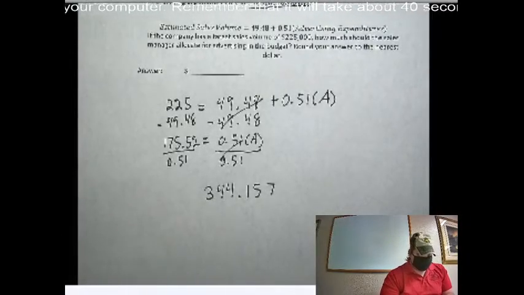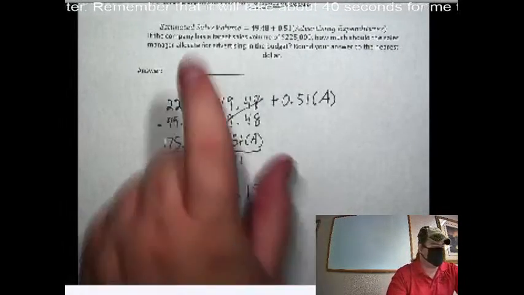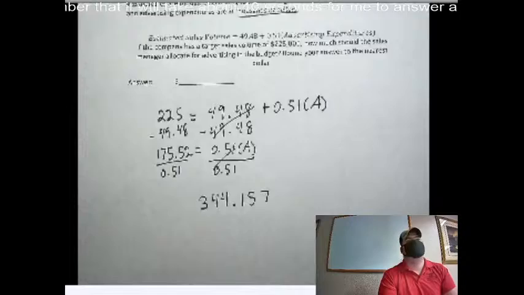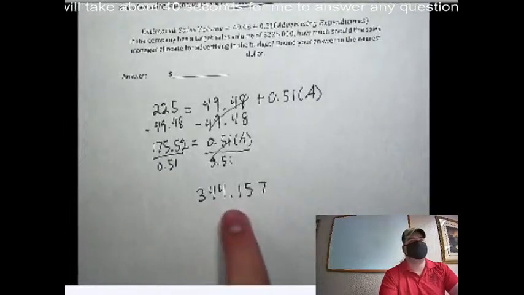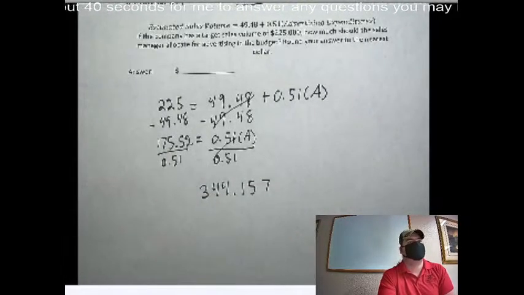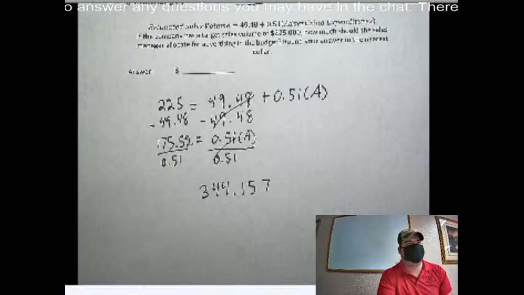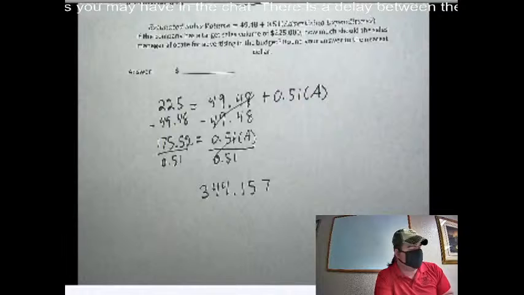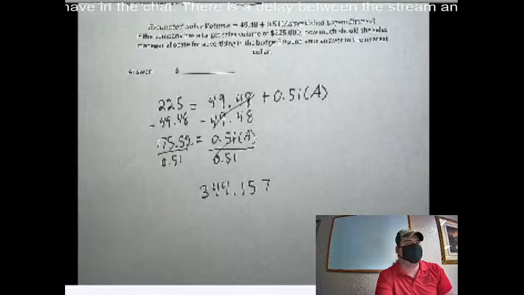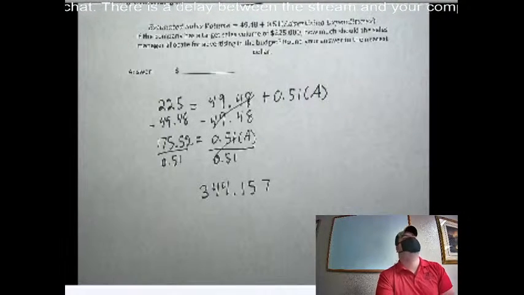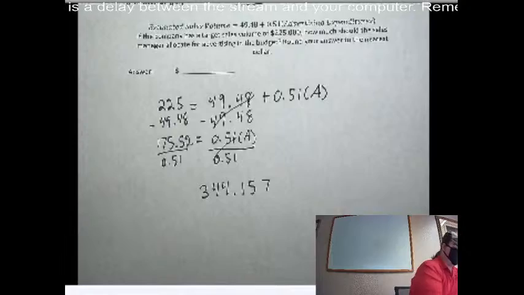Now, this is not the answer I want to put in to my answer box, because what do I need to do with this first? Do what? I've actually already done that. Change it to thousands, yeah.